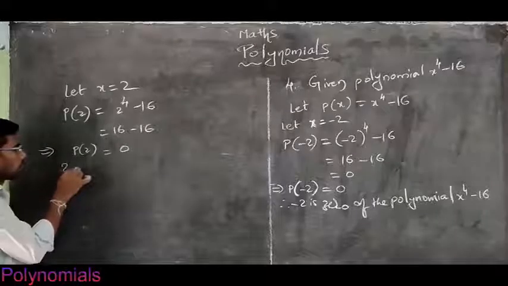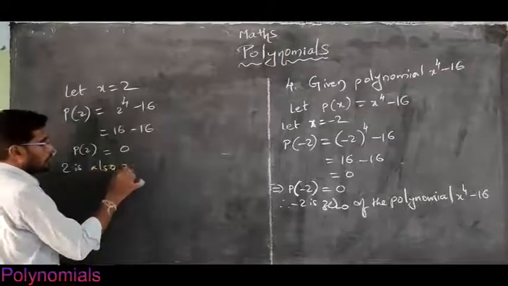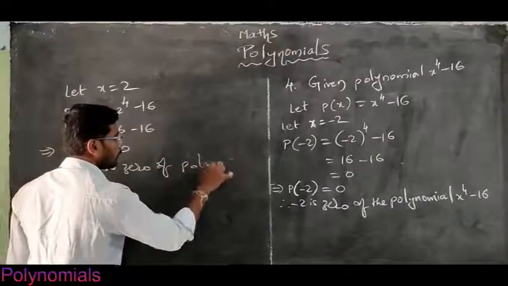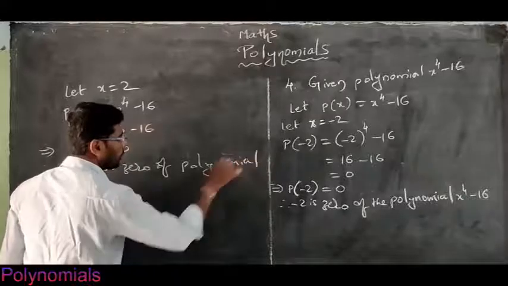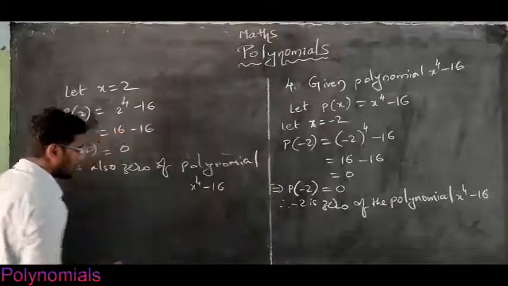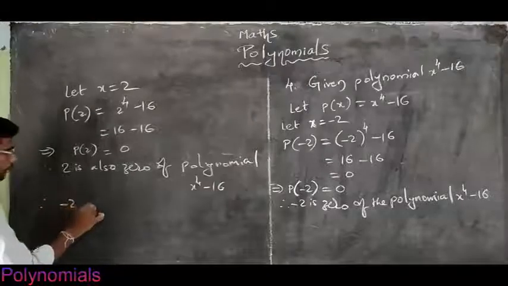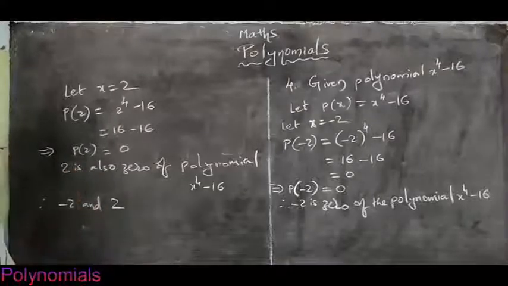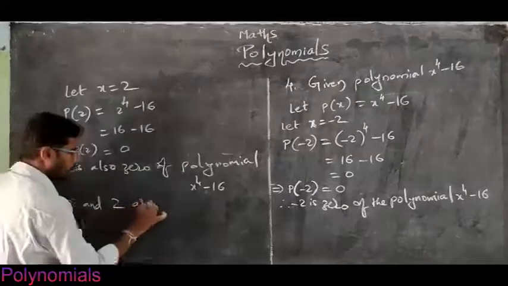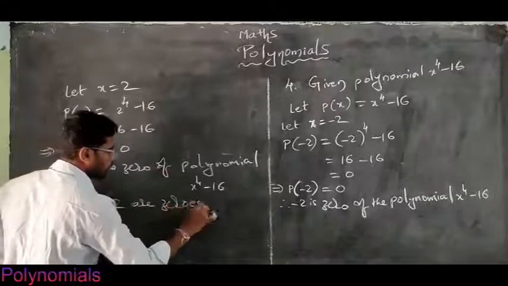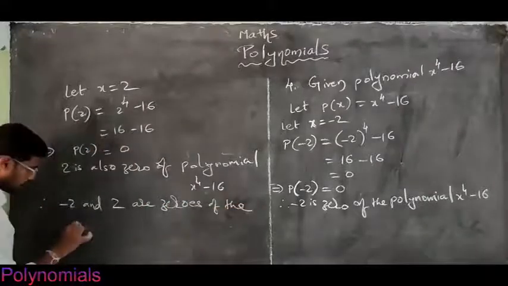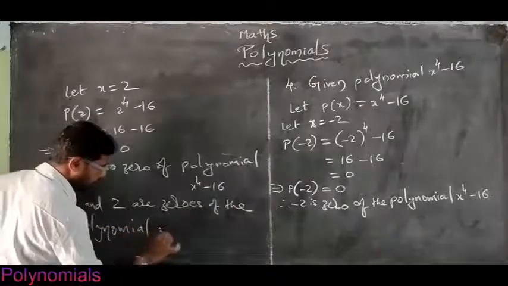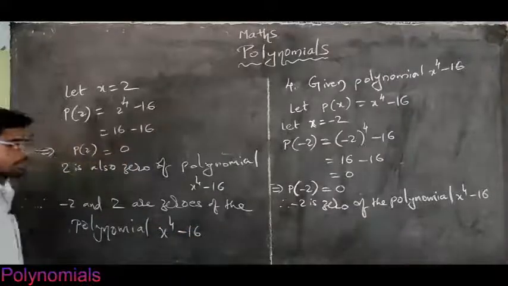Therefore 2 is also a zero of the polynomial x to the power of 4 minus 16. Therefore, minus 2 and 2 both give the value 0, so minus 2 and 2 are zeros of the polynomial x to the power of 4 minus 16.